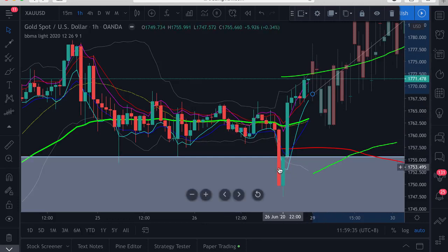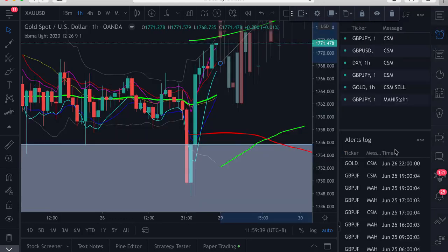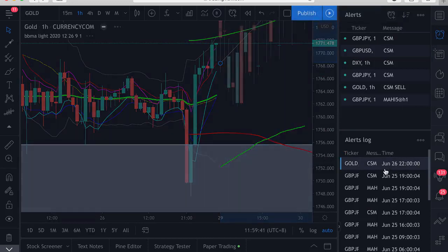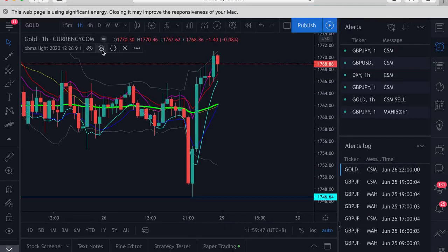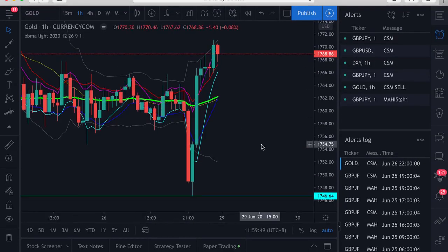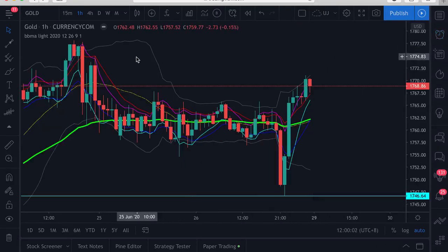We actually had a trigger on this signal this week, gold here, but I did not take the trade because it was triggered on Friday. So usually if I have the alert triggered on Friday, I'll try to avoid the trade because it's going to be the weekend and I don't want to hold the trade across the weekend.